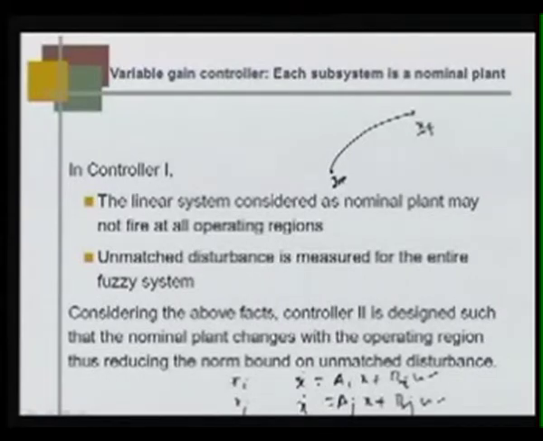So, I design a controller u around this plant and a controller u around that plant, and then the fuzzy blending of the controllers for both plants is the overall controller gain. That is the idea for the second controller, which we did not do for the first controller.